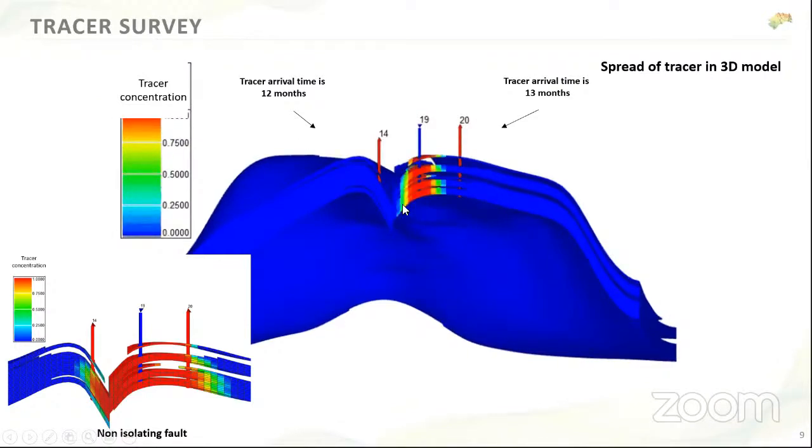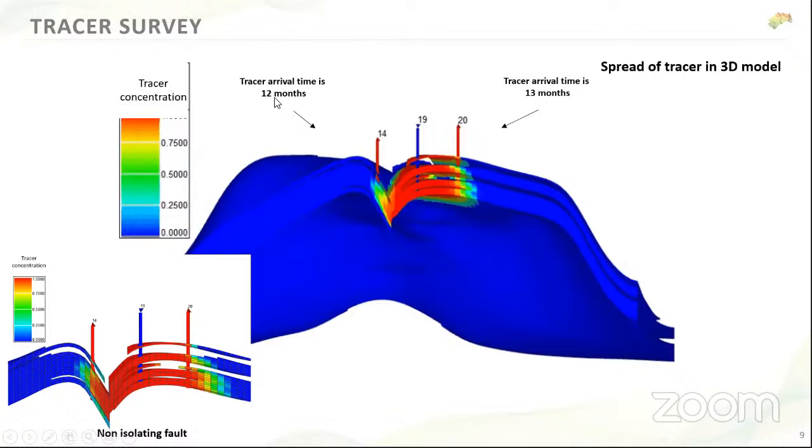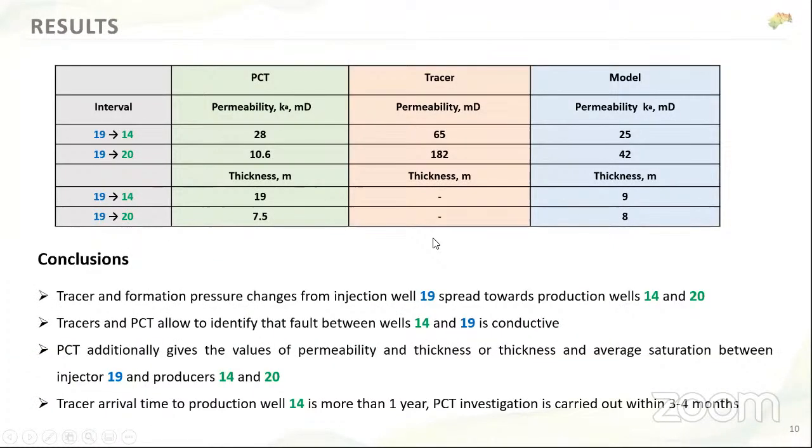And the tracer is now able to come through the reservoir to well number 14 also, not only to well number 20, and the time is much longer than for PCT. It requires more than a year for the tracer to come from the injector to the producers.